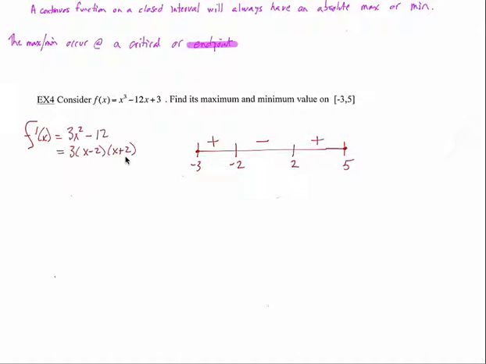Right? So what we have is a function that is increasing until x gets to be -2. It's decreasing till x gets to be +2, and then it's increasing again out to 5. And we're looking for the absolute max and the absolute min. So we look for those.